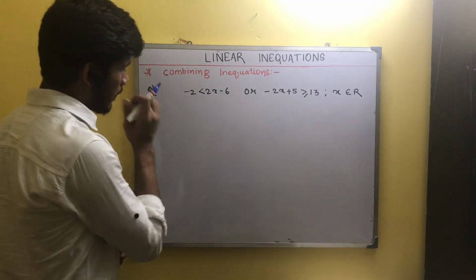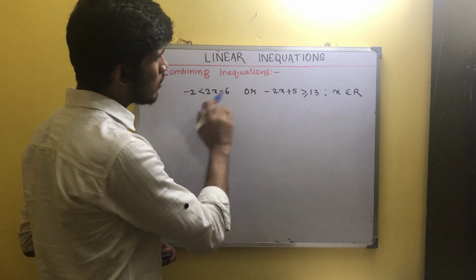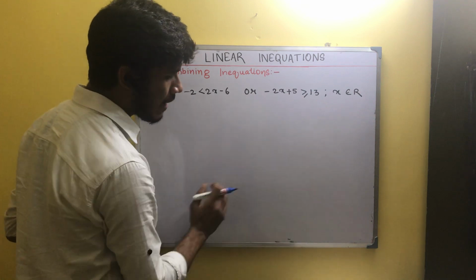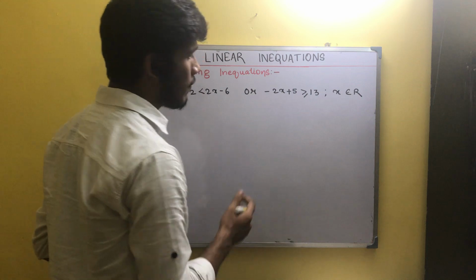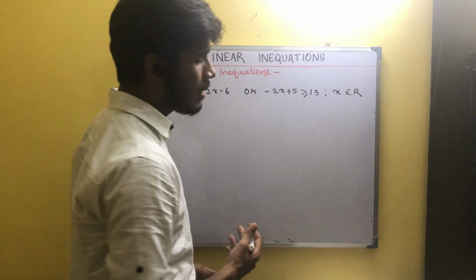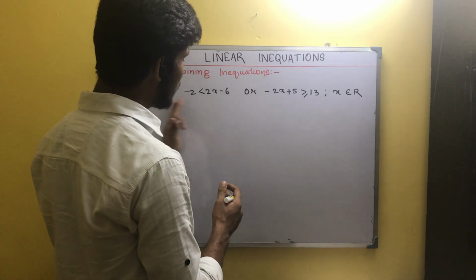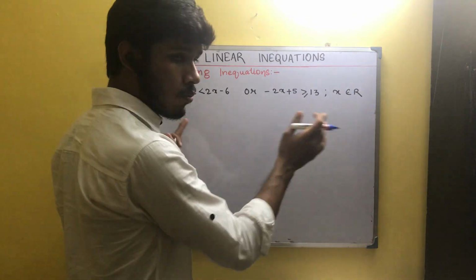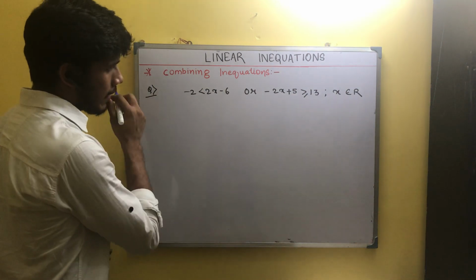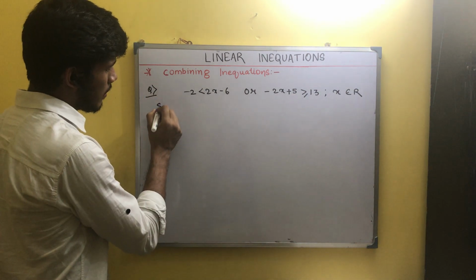It means you will include both the answers, that is both the values of x that you get, on the number line. You will represent both of them. If some are common, represent them only one time, and if something is in this part and something is in that part, include them both and represent both on the same number line. Now we will solve and you will understand it better.